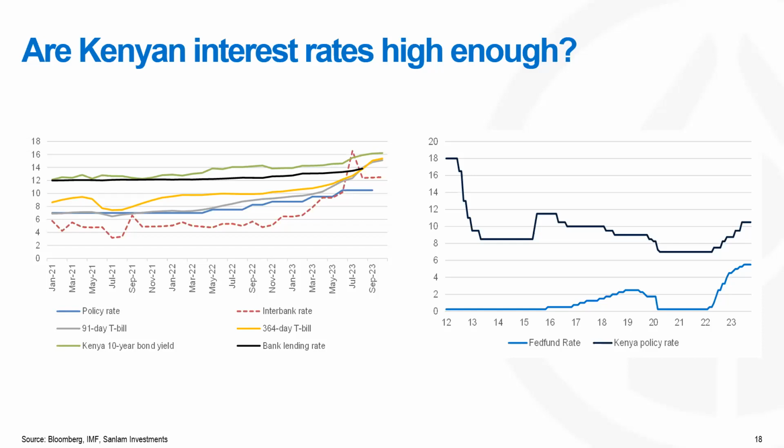So there are a number of things that could help improve the situation, both in terms of the amount of forex needed, and then also obviously the amount of forex inflows, especially from official sources. We'll have to wait and see how that pans out, and that could potentially help stabilize the currency.